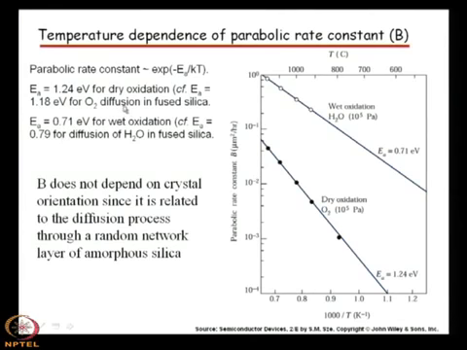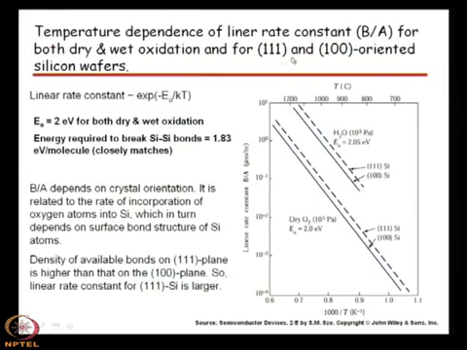So, in both cases, diffusion through fused silica, whether by oxygen molecules or by water vapor, depending on whether it is dry or wet oxidation, the activation energy values match quite well. However, there is one important difference between the parabolic rate constant and the linear rate constant.